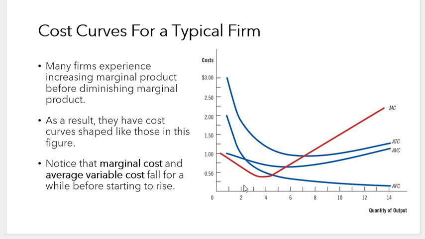And if we try to plot all those curves onto the same graph, we would have some typical shapes of each curve. For example, the AFC, we would see it decrease all the way, but steeper at the beginning and flatter in the end. That is because you are dividing a fixed number by a super small number, then a larger and larger number. You would get a curve like this.